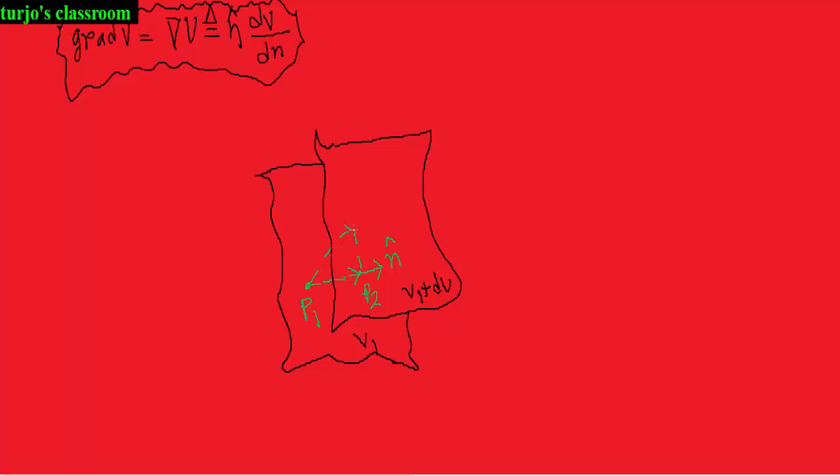Considering 2 points, P1 on V1 and P2 on the surface that has the value V1 plus dV along the normal vector dn, and P3 here is another point close to P2 along another vector dl, and obviously dl is not equal to dn. Now that's the scalar field having three space coordinates L1, L2 and L3.